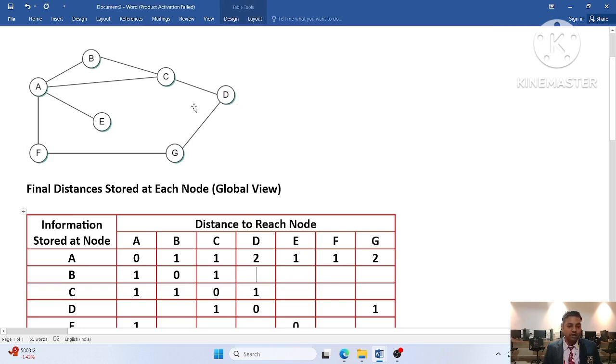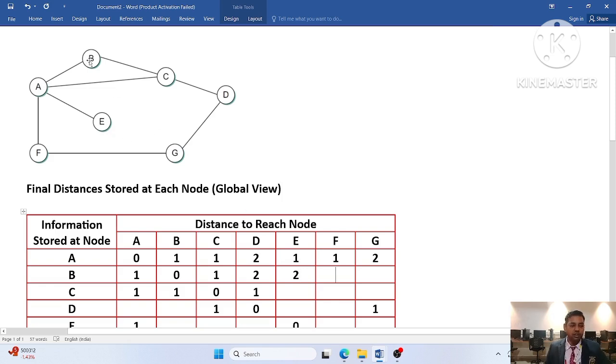So always we have to consider the shortest path. If we come via C, we can reach D within 2 hop count. So we have to substitute 2 here. And B to E, we can reach E via A. So the hop count is 2 again. B to A is 1, A to E is 1. So 1 plus 1, 2.